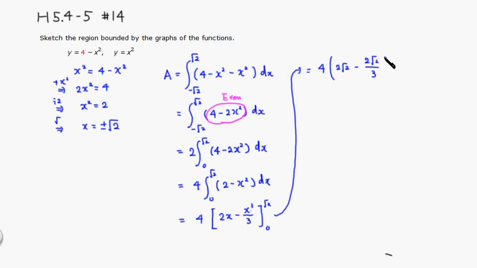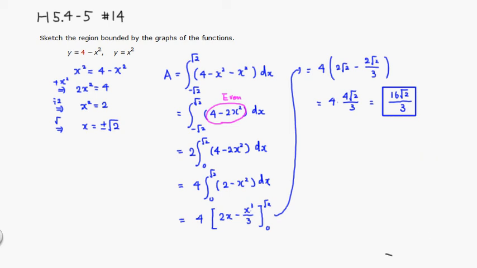So this is 6 square root of 2 over 3 minus 2 square root of 2 over 3, which is 4 square root of 2 over 3, and you're multiplying by 4, which gives 16 square root of 2 over 3. So that's the area of the region.